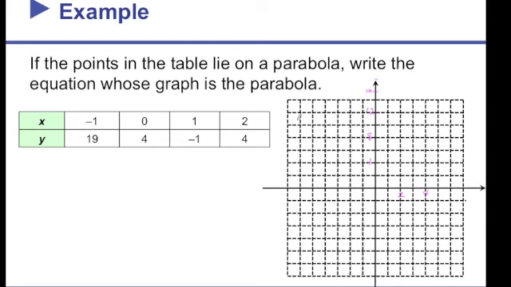So negative 1, 19 is going to be approximately here. 0, 4. 1, negative 1. 2, 4. Oh, look how that's a parabola.